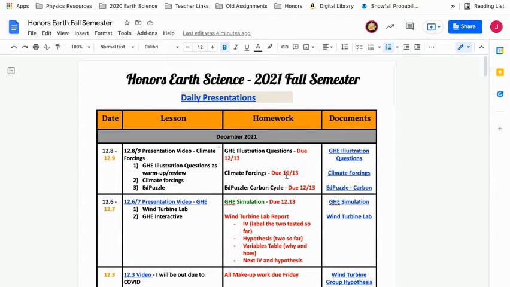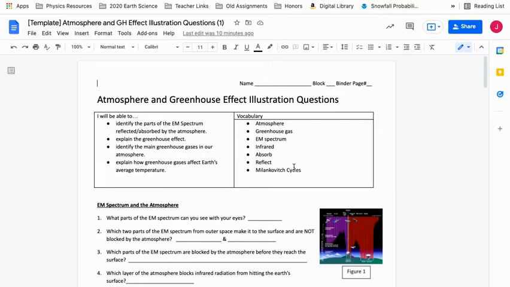So first off, the greenhouse effect illustration questions are right here. I'll go through those in a second. The climate forcings, again, this will be the majority of your time, I believe. And then this Ed puzzle, again, is a 10-minute video. So I want you to start and kind of work your way down. And so the illustration questions will look like this. Just like in the past where you've had illustration questions, essentially there's a picture.